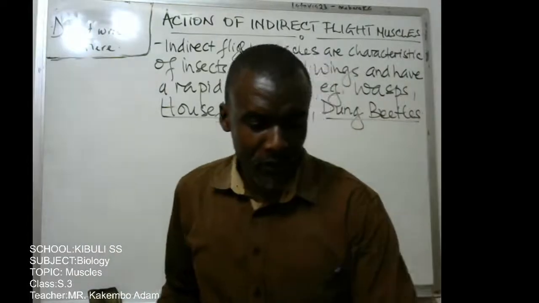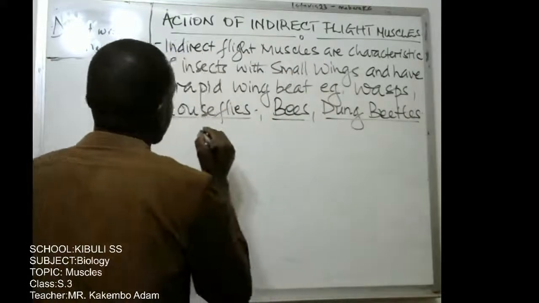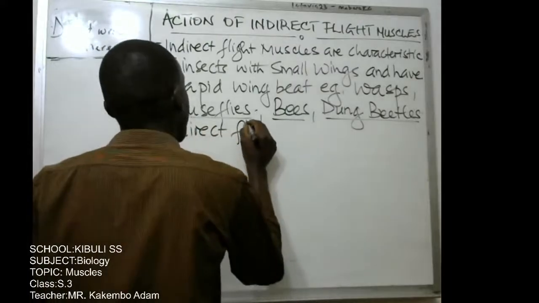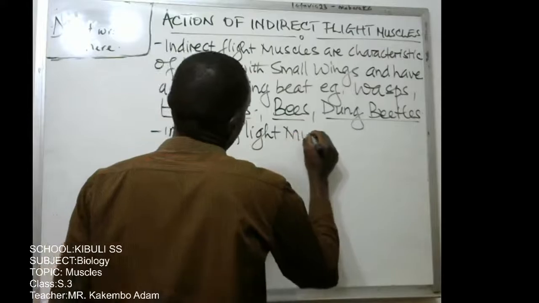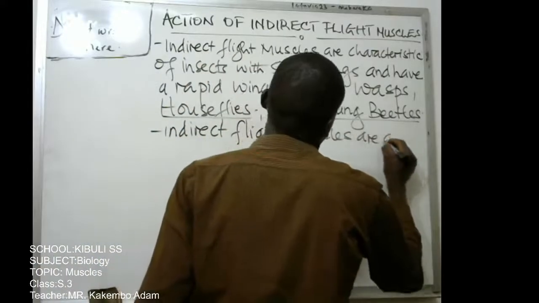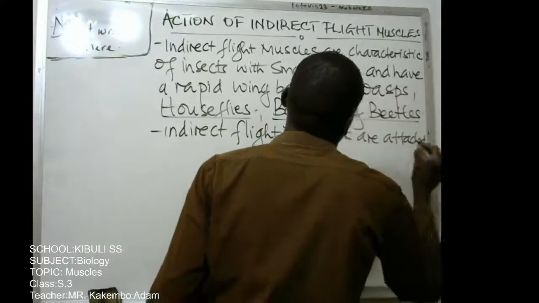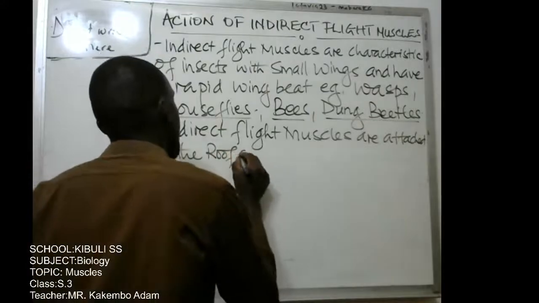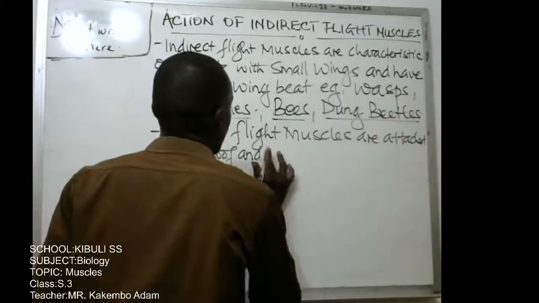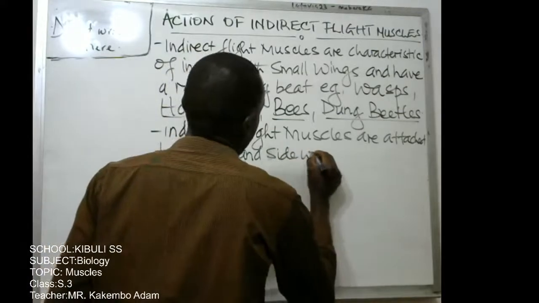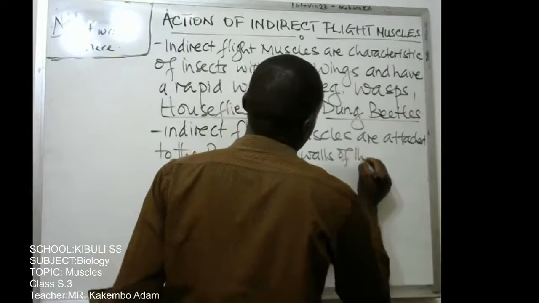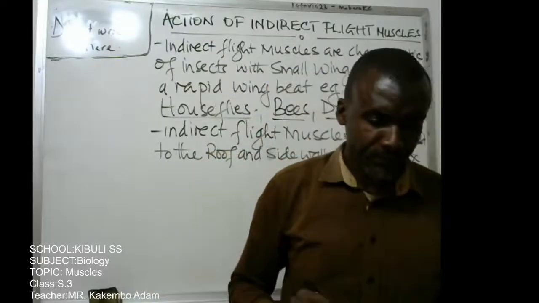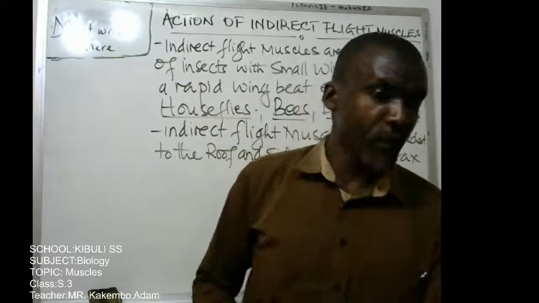So these flight muscles are attached to the walls and roof. Indirect flight muscles are attached to the roof and side walls of the thorax, but not attached directly to the wing base.